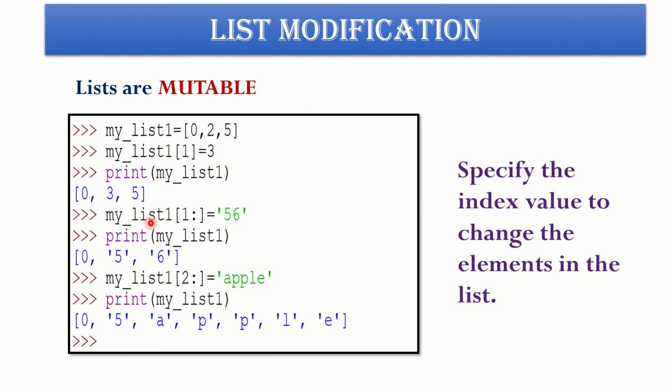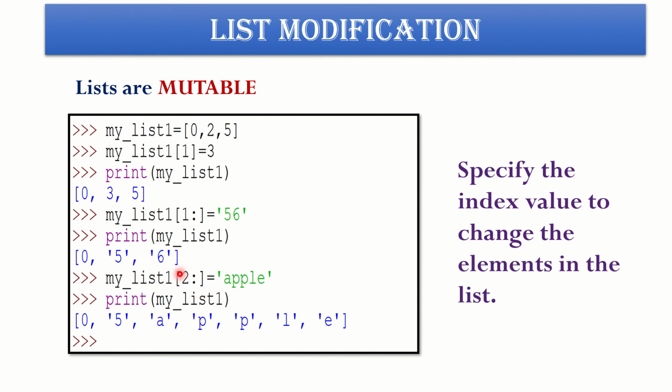I can also provide a range. So if you see here, I'm saying from index position 1 till the end of the list, you put the values. So these values 5 and 6 in this is a string value. So each digit will become an element of the list. So if you see here, 5 becomes a separate element and 6 becomes a separate element. Similarly, if I want to add a longer string to my list, I can do that also.